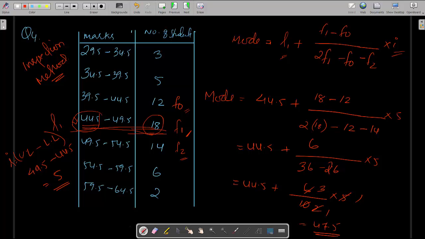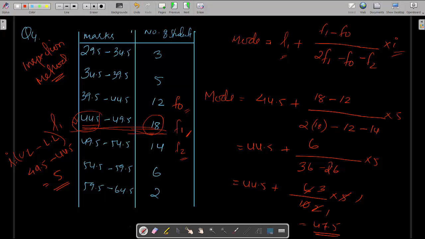If you look into your textbook, most of the questions are given in the inspection method. If the question does not tell you to calculate by the grouping method, then you will always go for the inspection method. If it is specifically telling you to calculate mode by the grouping method, then you will calculate in the grouping method. Okay, that we haven't discussed yet.